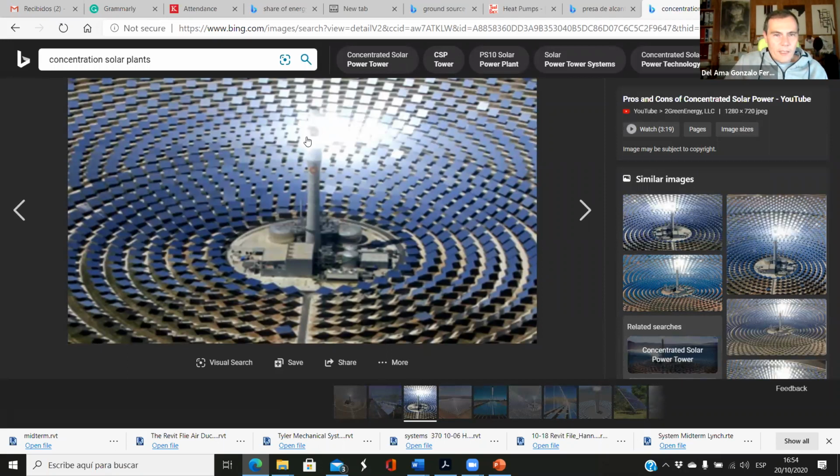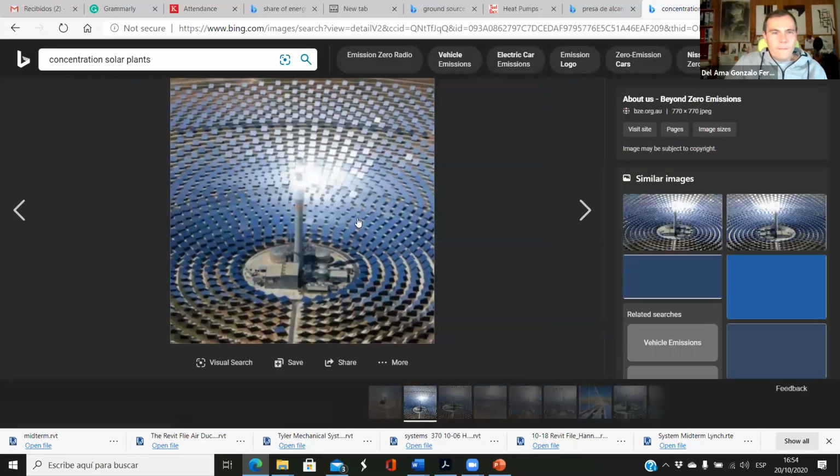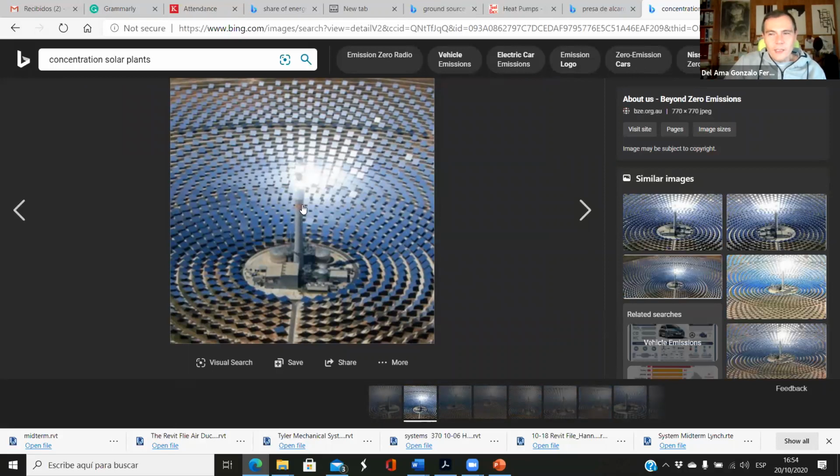So we heat up this, we generate a lot of heat here, and that heat generates water vapor, and that water vapor at a lot of pressure moves another turbine. So there are different ways to deal with solar energy.